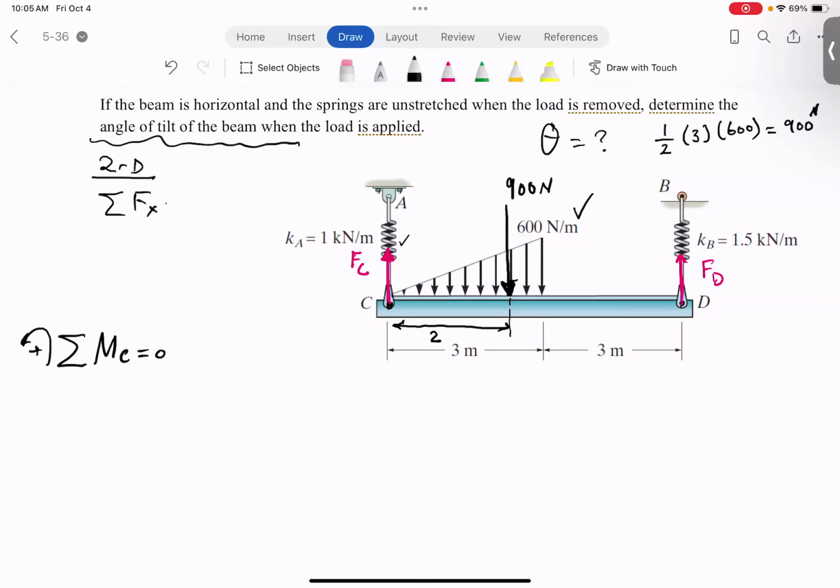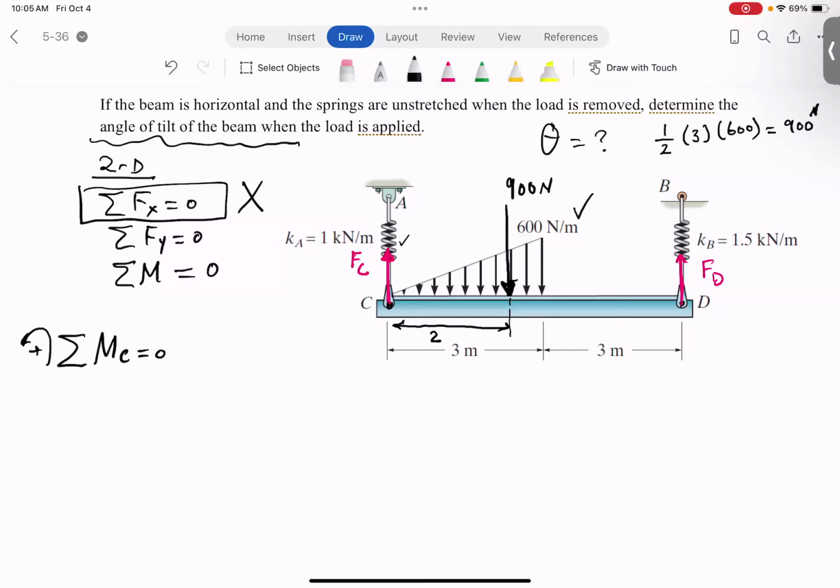The equation for forces in the x direction is useless because all the forces are in the y direction. We can use our moment equation and balance the forces in the y direction. So normally we have 3 equations, but only 2 are going to be used here.